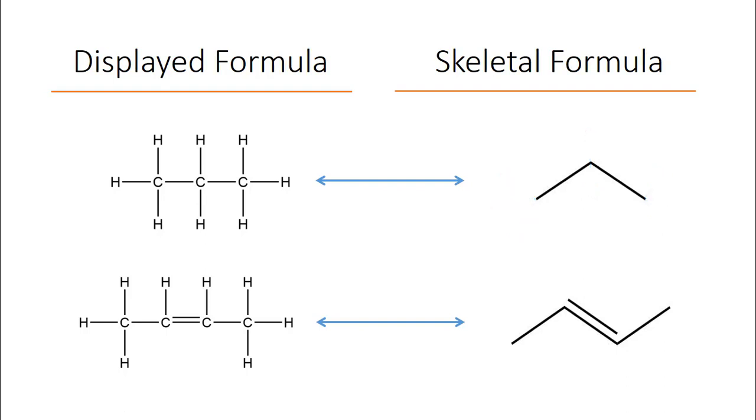So we assume that this carbon does have 3 hydrogens, this carbon has 2 hydrogens, and this one also has 3. Similarly for this molecule, the carbon atom here has 1, 2, 3 bonds shown. Therefore, the last one is going to be a hydrogen, which is implied.